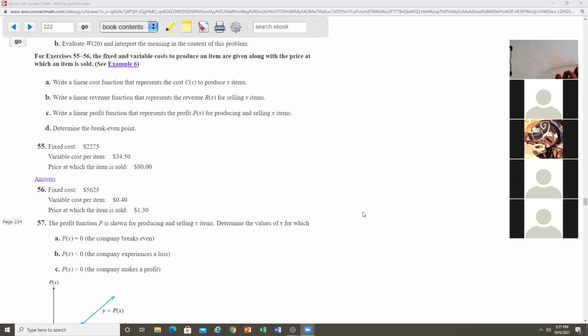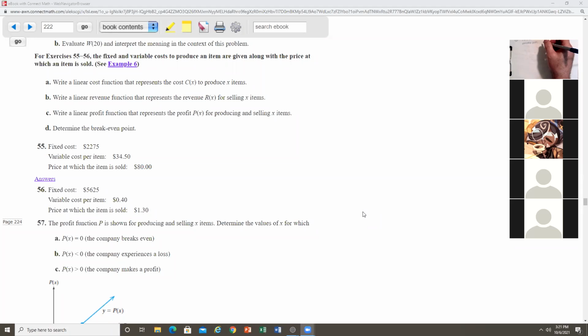All right, so ladies and gentlemen, the information they give us in problem 56 is they say that our operation in manufacturing these widgets, whatever it is, has a fixed cost of $2,275. The variable cost to produce any item, to produce one of these widgets, whatever the widget is, you can replace it with whatever you want, a television, computer, whatever.